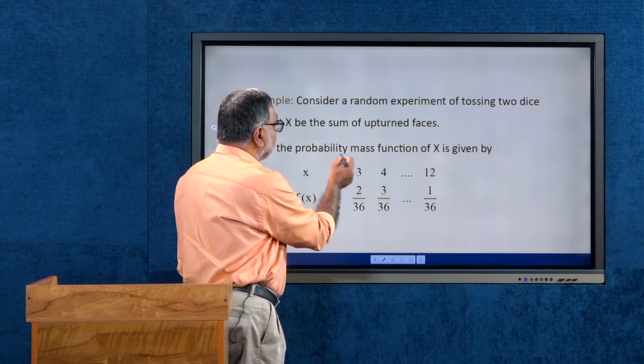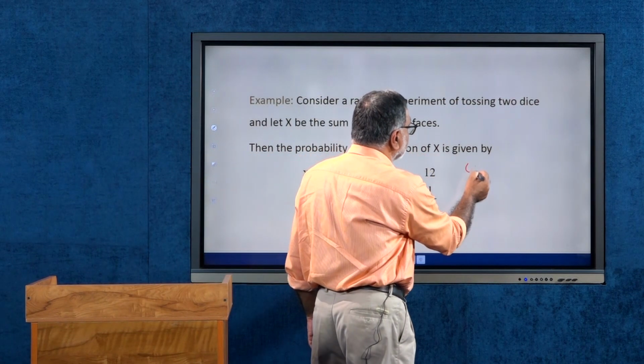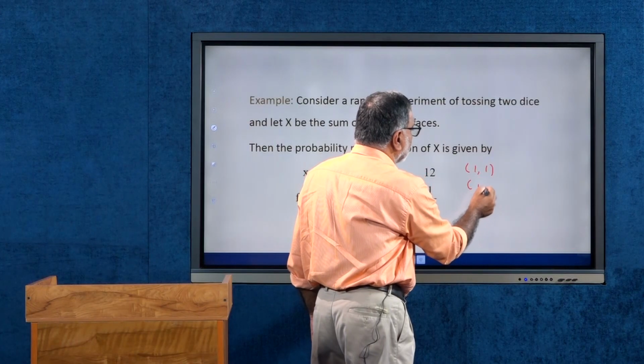We know the outcomes when we toss 2 coins, we have the outcomes like this.